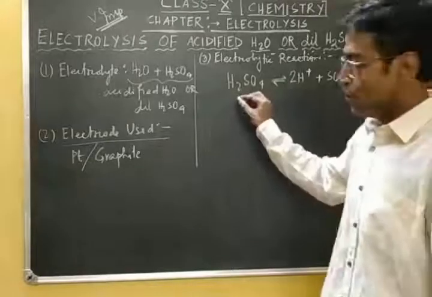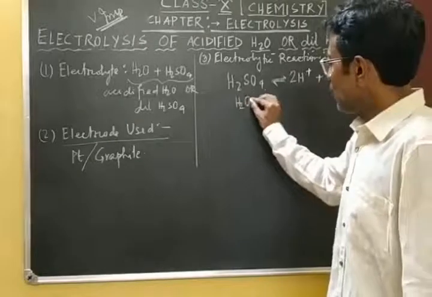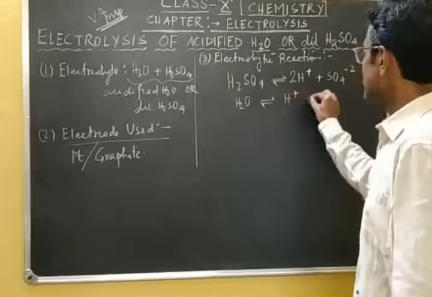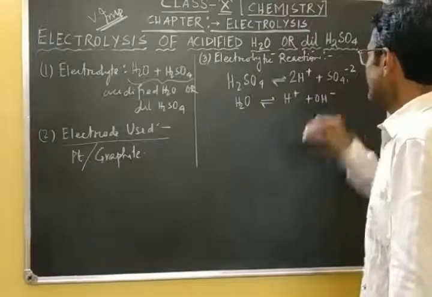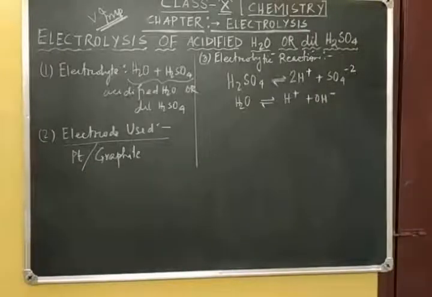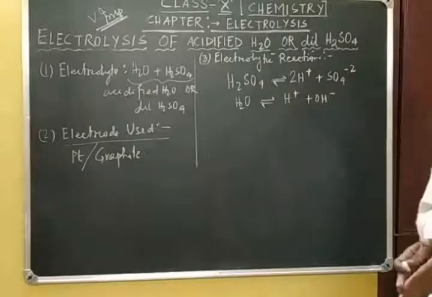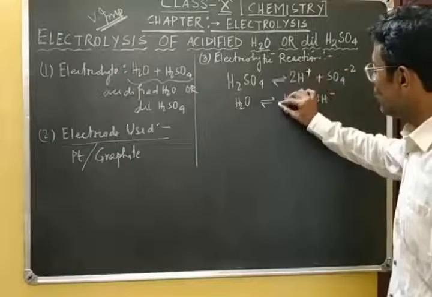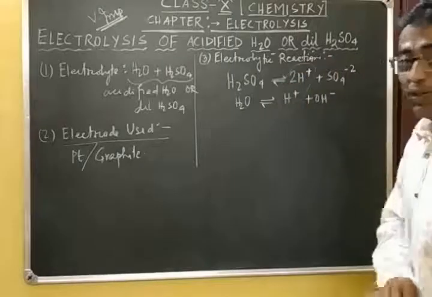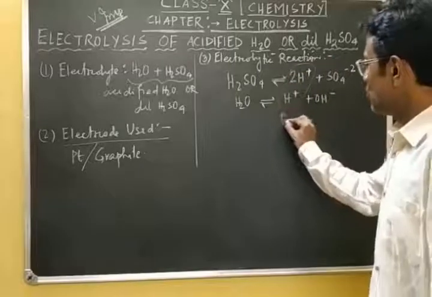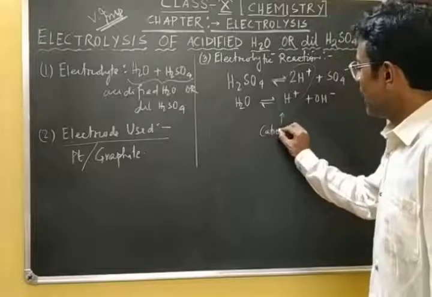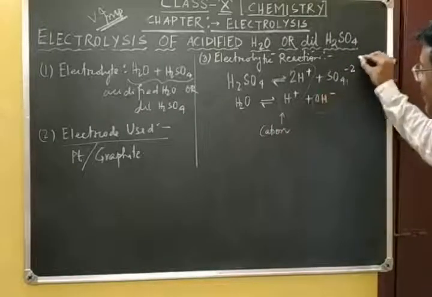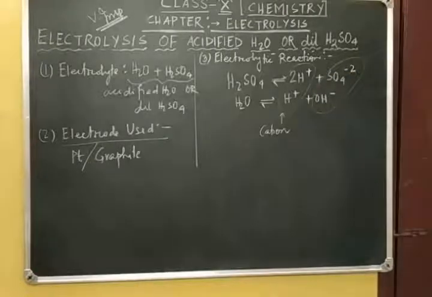Along with this, we have got water. Water dissociates like this, H+ and OH-. Now, in your electrolytic solution, you have got only one type of positive ion, H+, that is cation. And there are two types of negative ion: one is sulfate ion, another is hydroxide ion.